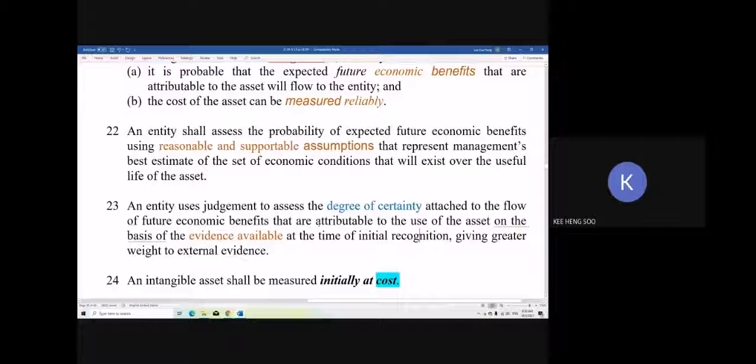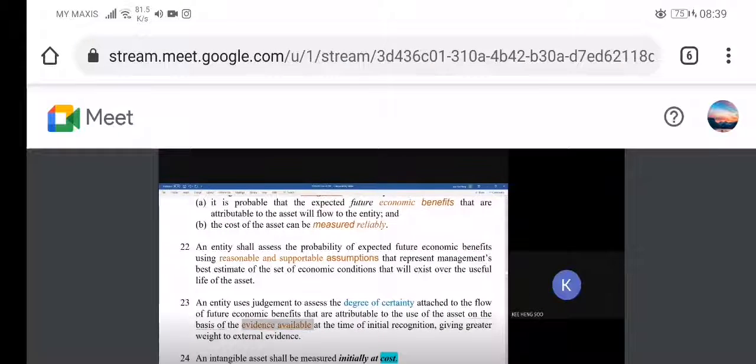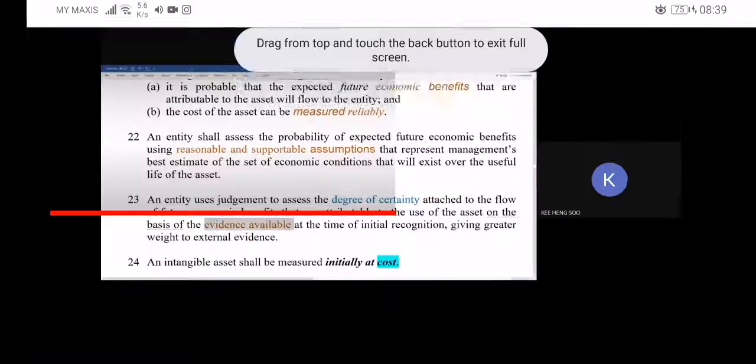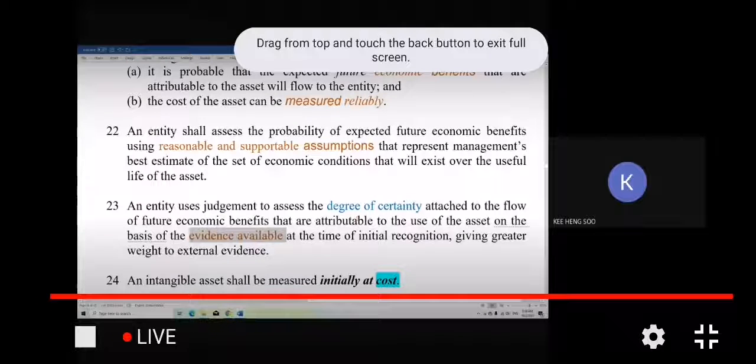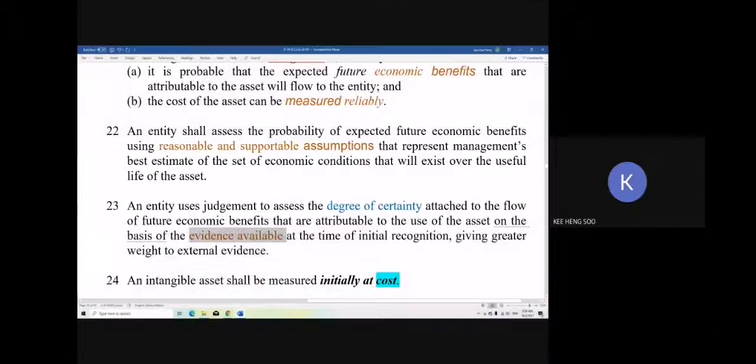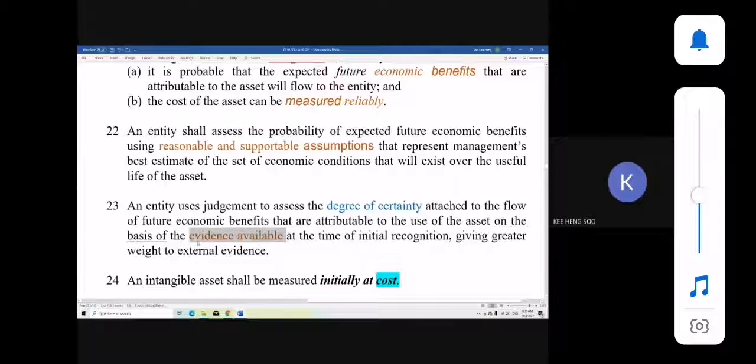After 3 years, after 8 years, maybe fire, maybe flood, you spoil your machine. So this is too long a time in the future. Based on evidence available now, at the time of recognition, you ask the expert to calculate the degree of certainty, the risk factor that you need to base on.